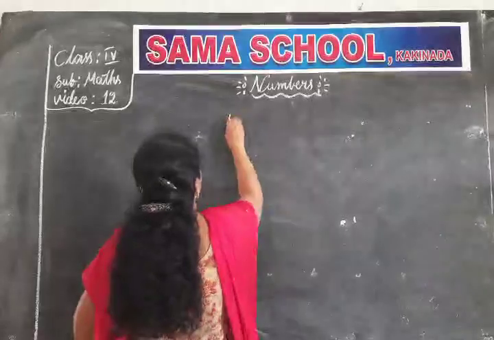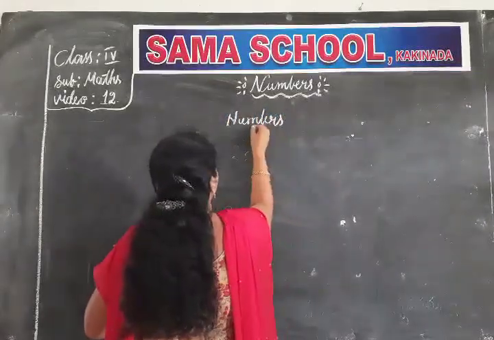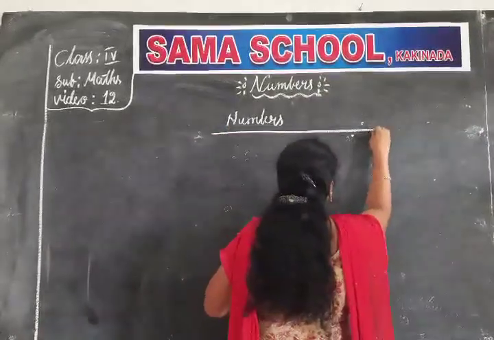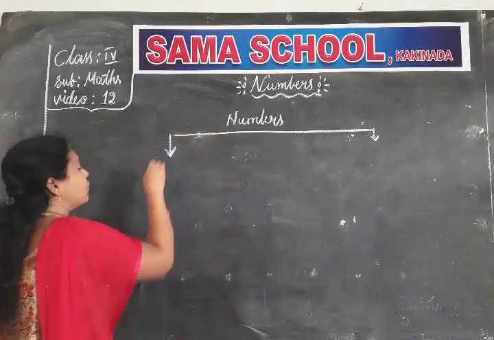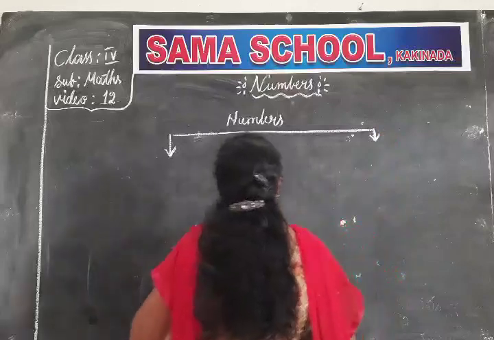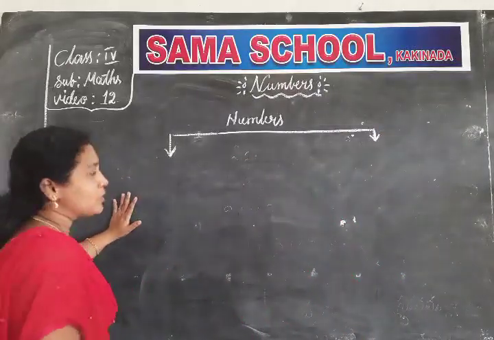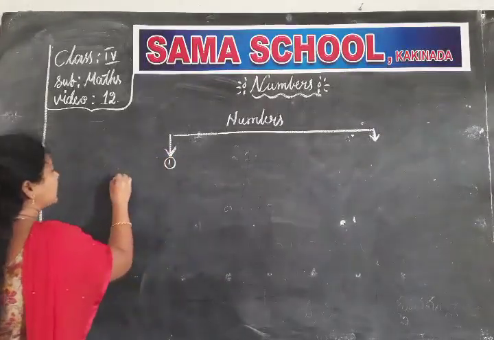The numbers are divided into two place values. If you want to write the number, if you want to read the number, you must know the place value chart. So these numbers are divided into two place value charts.